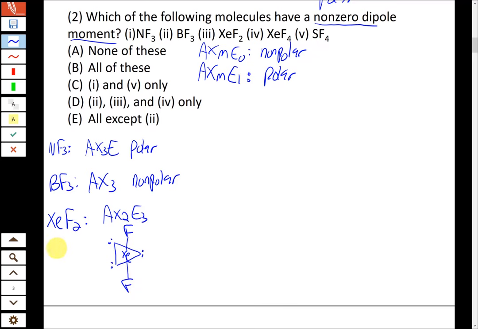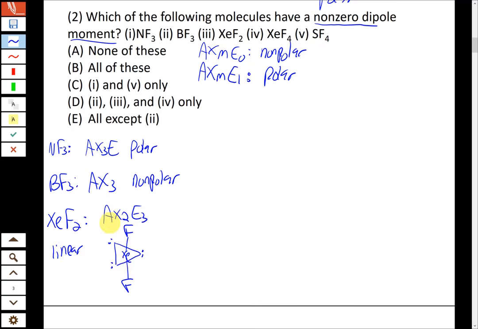So what do we call this geometry? Well, the top of the T is gone. Linear? So remember when we have AX2 with however many lone pairs, it's either going to be linear or bent. Those are the only two options for 3 atoms. This one's linear because the 2 fluorines occupy these 2 apical positions exactly opposite each other. So that makes it linear.